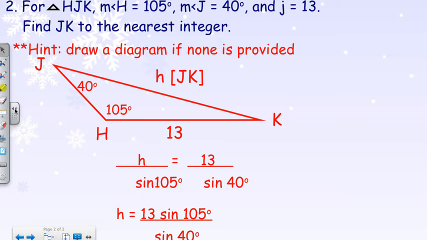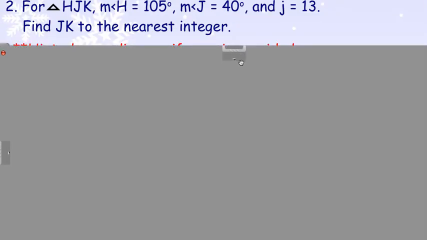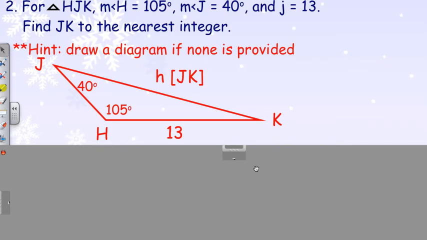All right, so now I want to do this. Let's try to make it a little bit more manageable. For triangle HJK, measure of angle H is 105 degrees, measure of angle J is 40, and j is 13.